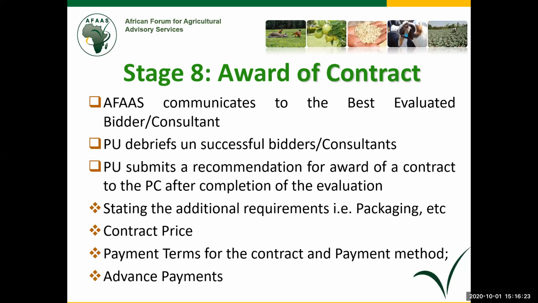Award of a contract. At award stage, AFAS communicates the best evaluated bidder or the consultant. So the procurement unit debriefs unsuccessful bidders and all consultants. Why am I saying in this bullet that on our side, we are always doing this?